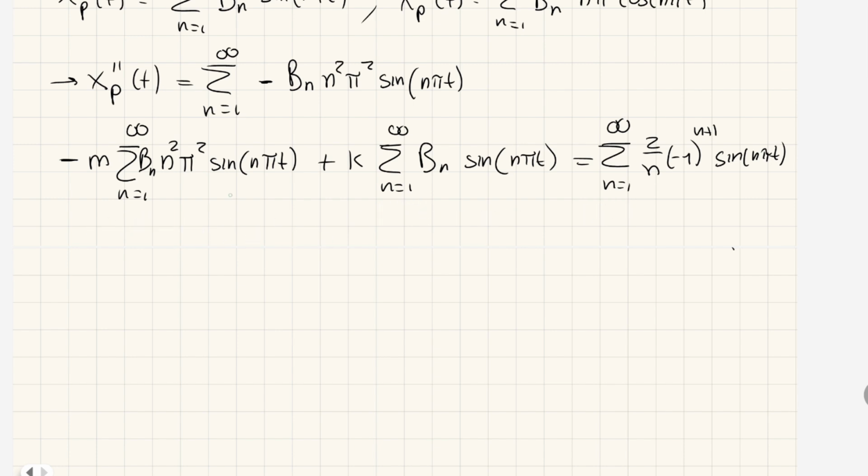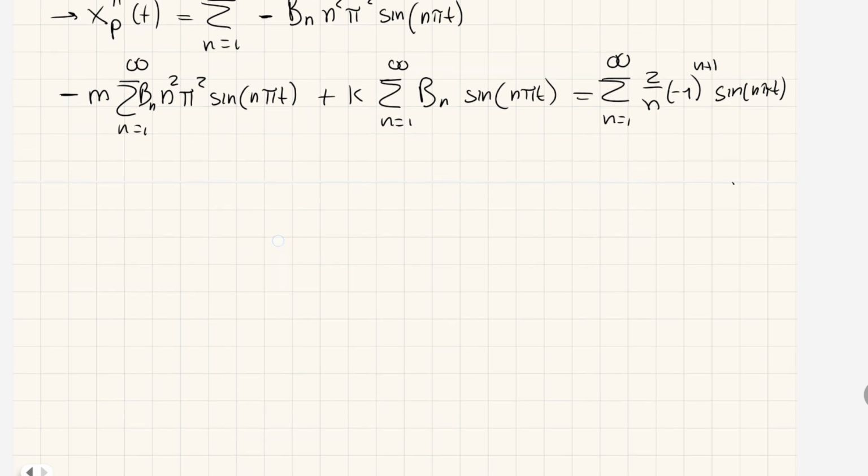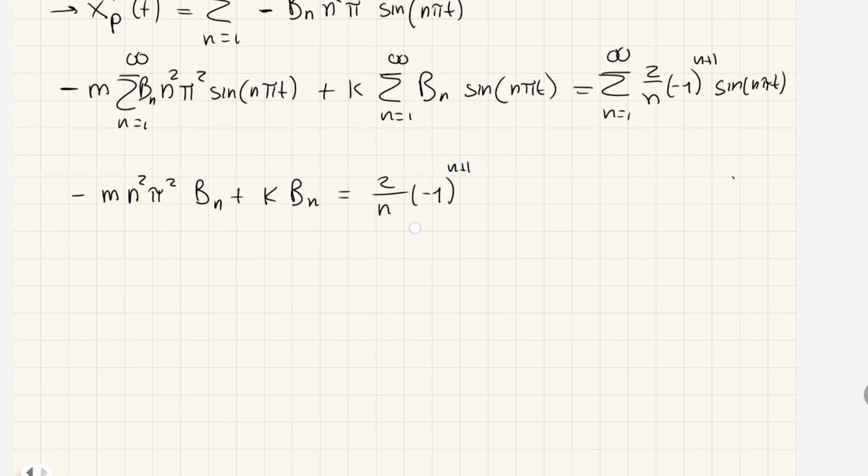Looking at this, we have sums that start on the same index, n equals 1, and we have a common factor sine of n pi t, so we can equate the coefficients of each term of the sums in this equation. We get that minus m n squared pi squared b sub n plus k b sub n is equal to 2 divided by n times minus 1 to the n plus 1, and that's it.